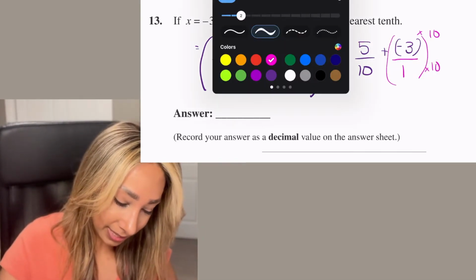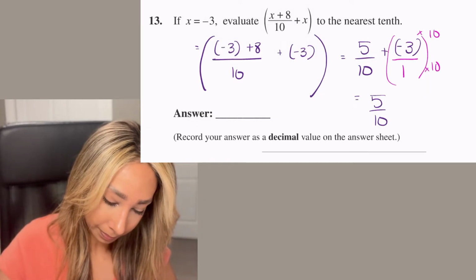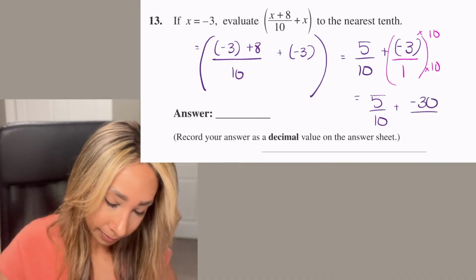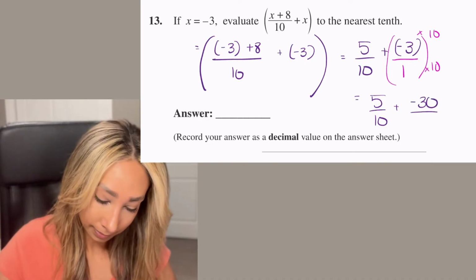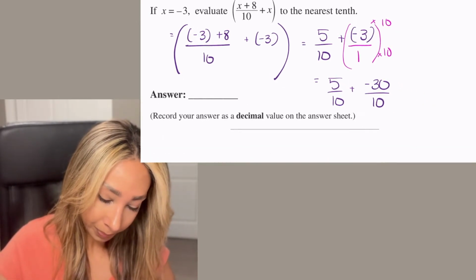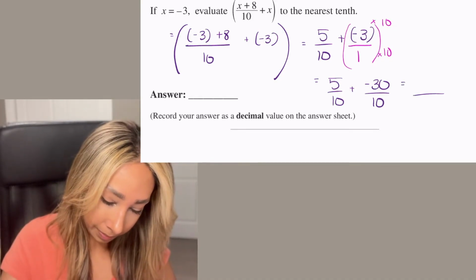So that's going to give us this right here. So 5 plus -30/10.